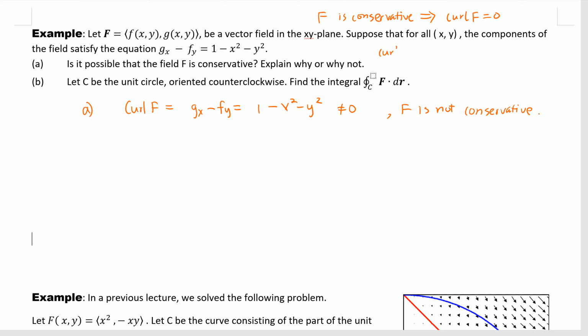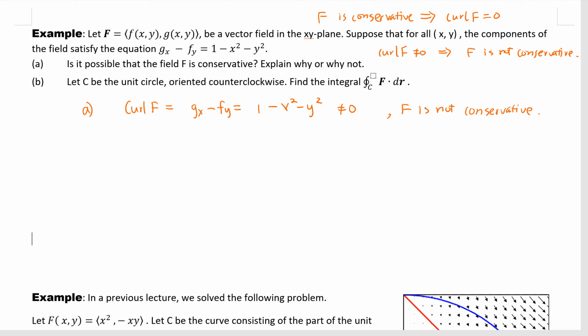It means if the curl is not 0, that implies F is not conservative. However, the converse statement is not true, because last time we found an example of a vector field whose curl is 0, but it is not conservative.